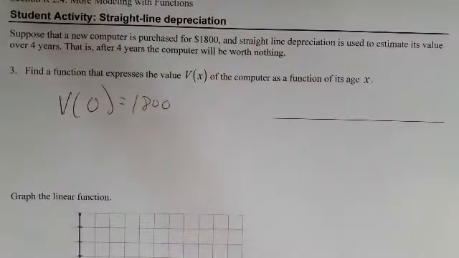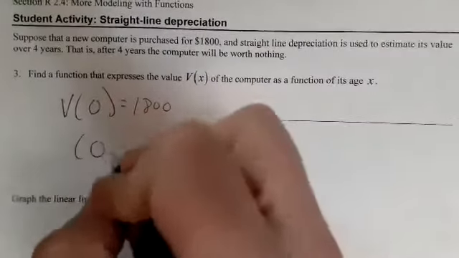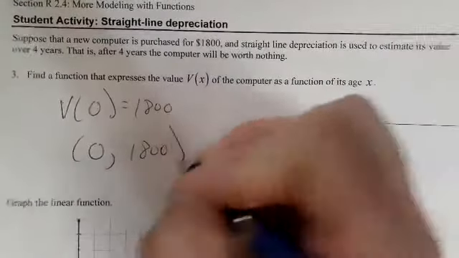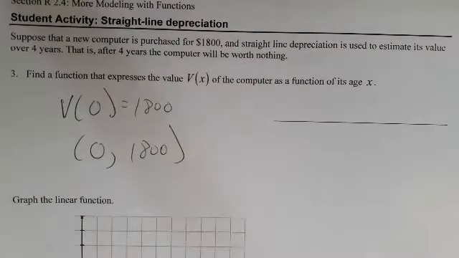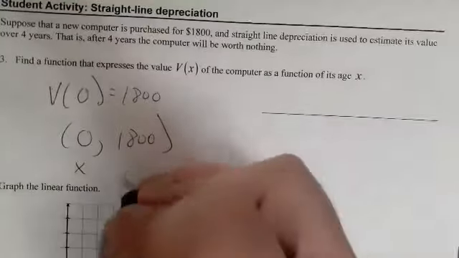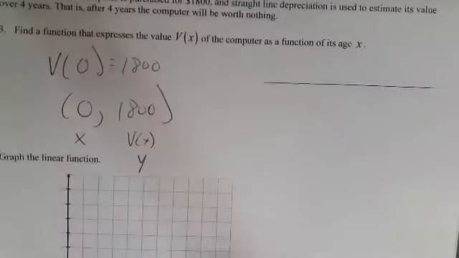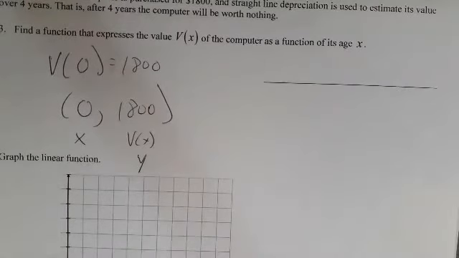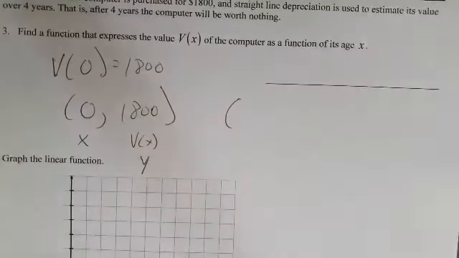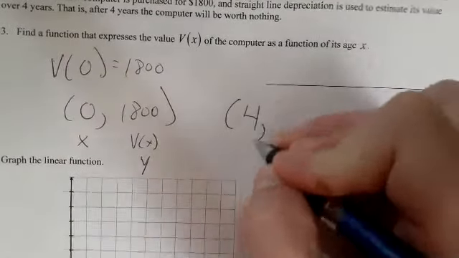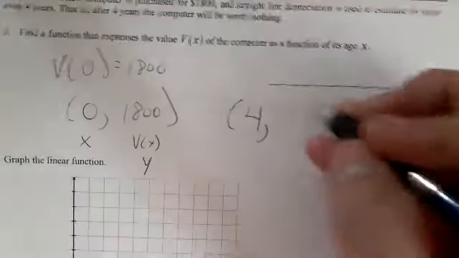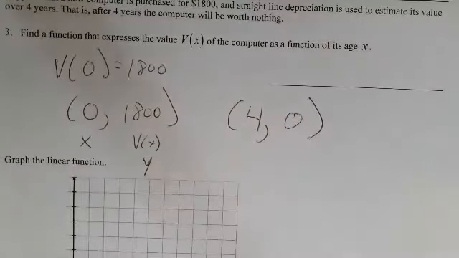They're giving me the value at year 0, it is 1,800. And so my x is the year, my v of x is the 1,800. That's the value of the computer. And the other thing, after 4 years, the computer is going to be worth $0.